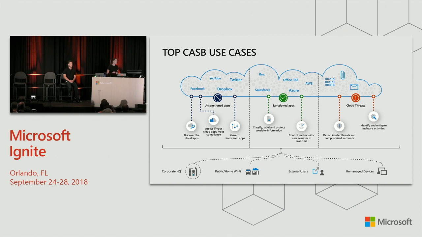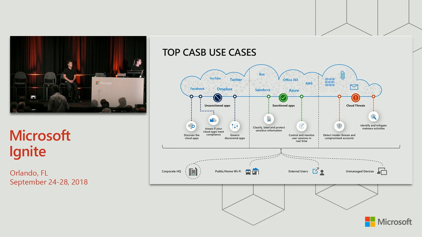Now let's dig a little bit deeper into what that actually looks like. So what can I do with a cloud access security broker, and what am I looking at? What you can see here in this graphic at the bottom is basically all of the access points that you've got, right? You have your corporate headquarters, your own network, all the things that you manage very closely and where you may have better visibility into. But reality is that mobile productivity is a thing today.